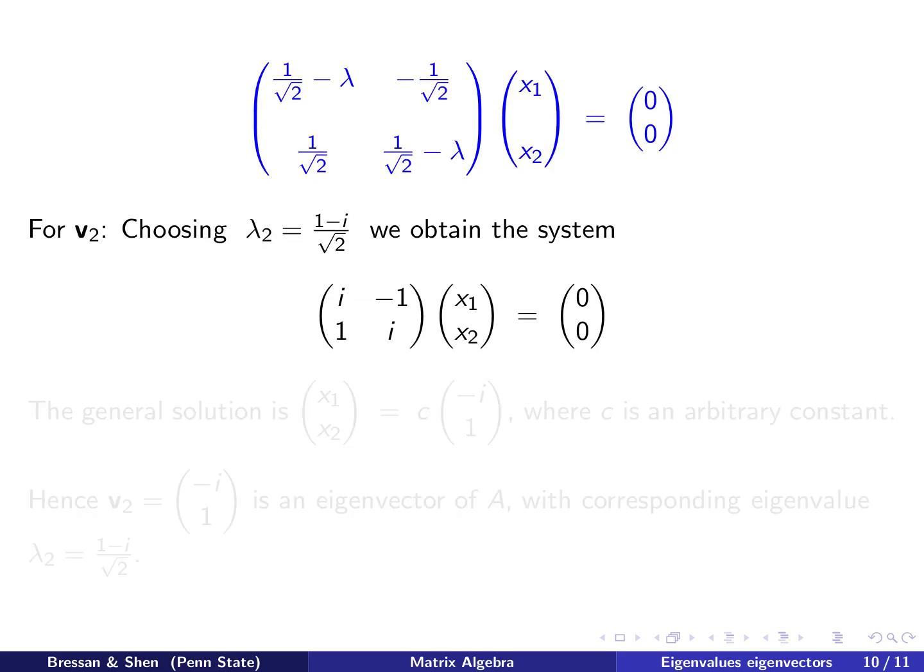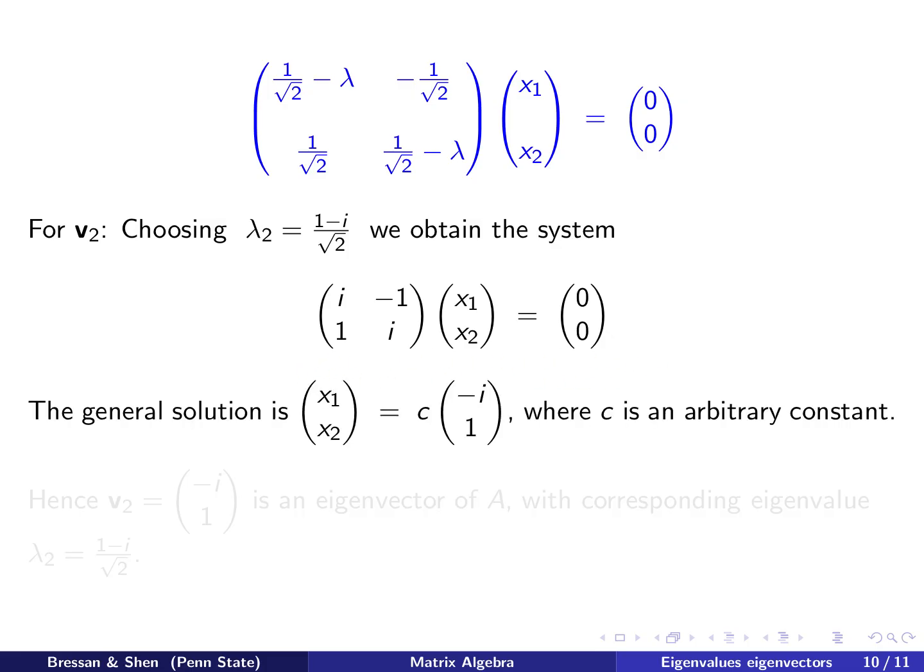Okay, we can carry out a completely similar calculation for v2, just for the purpose of demonstrating it. And then you will have this system. And then finding a non-trivial solution would be, again, you can put x2 to be an arbitrary constant, and finding x1 to be negative i.